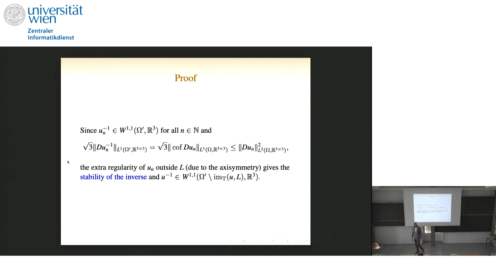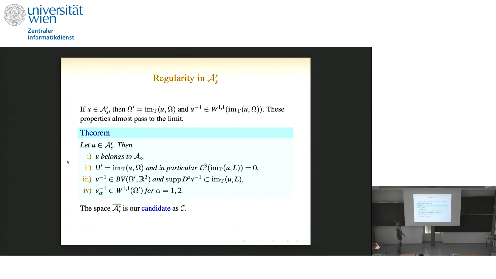So you have L1 control of the gradient, and so you know that the limit is in BV. But we know a bit more. When you are far from the axis, you are regular because of the axial symmetry and the regularity in the bidimensional case. So all the singular part of the inverse is concentrated on the topological image of the axis.